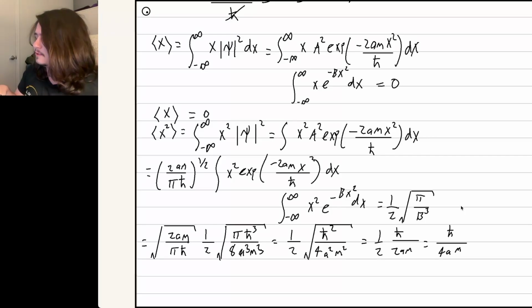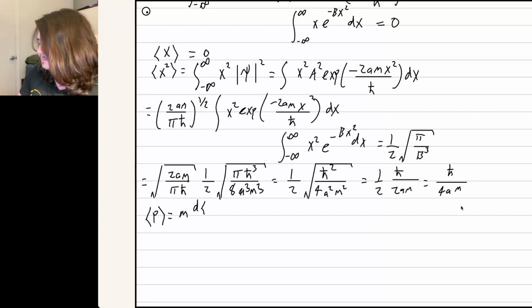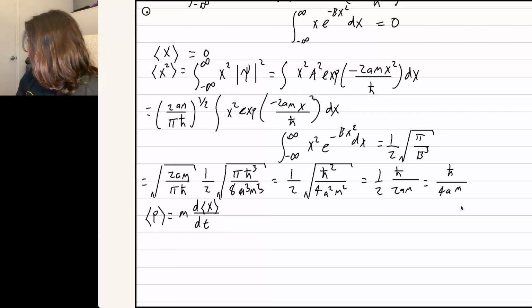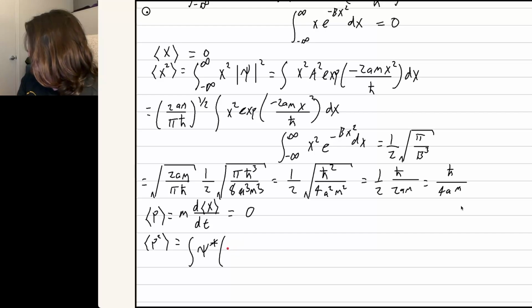Now we better do momentum. For momentum, the definition using Ehrenfest's theorem is just the mass times the time derivative of the expectation value of position, which we know to be 0, so that one's easy. If you want to do p squared, you're going to have to do the integral over all space of psi star, and then you use the momentum operator minus i h bar del x.